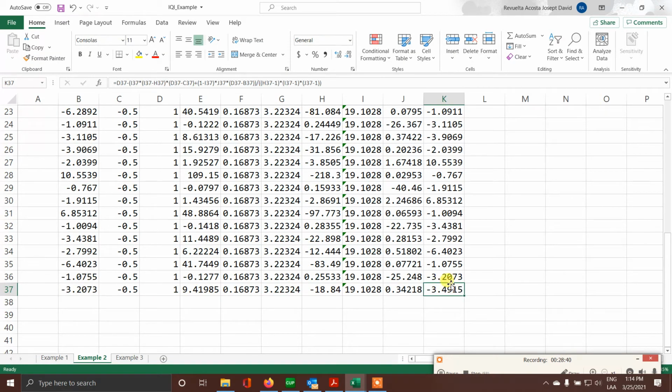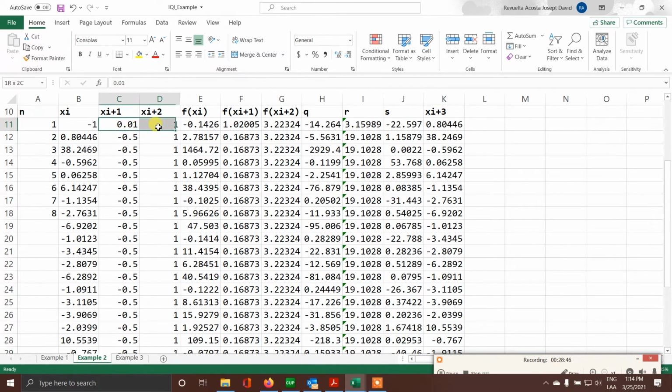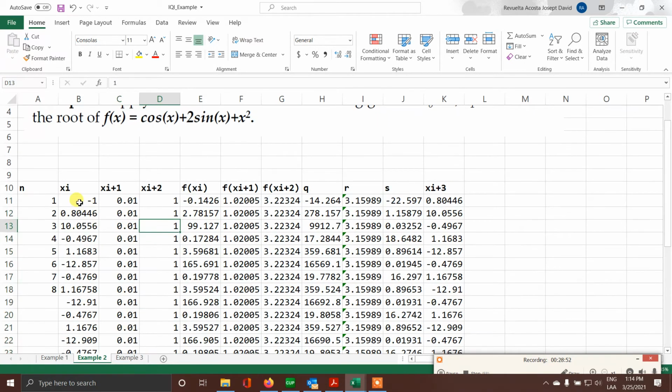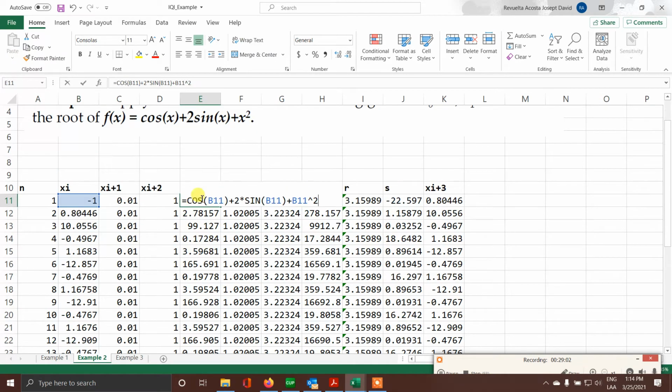This is cosine plus sine of this one. This is f(x_i+1). This is the one. And then this is x_i+2. It should be fine. And then Q is equal to, I think I have a problem here. Yeah, I found a problem.